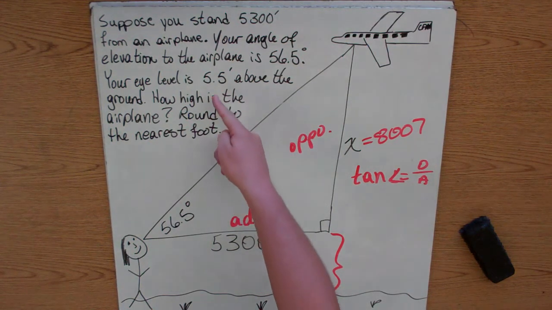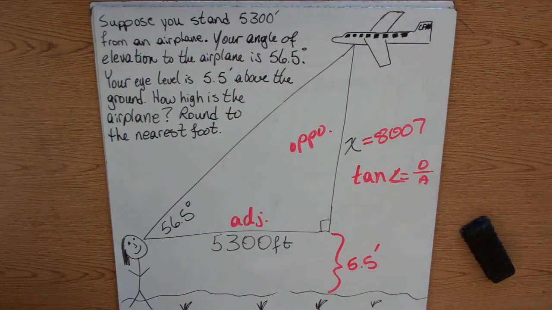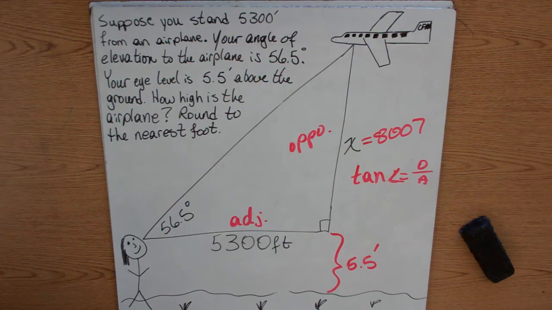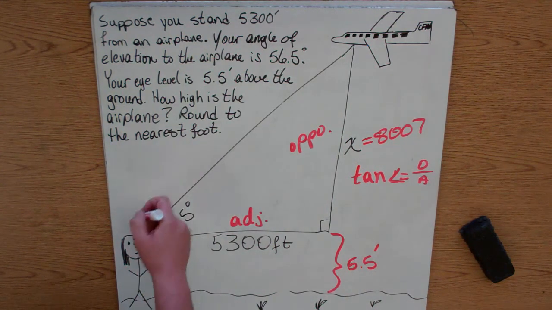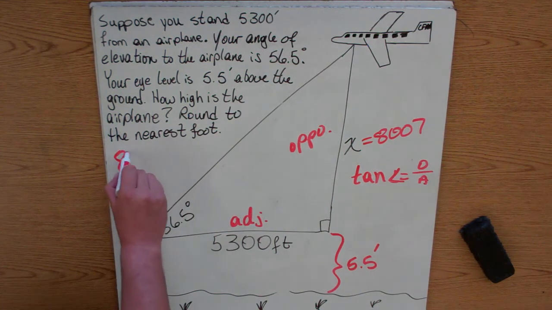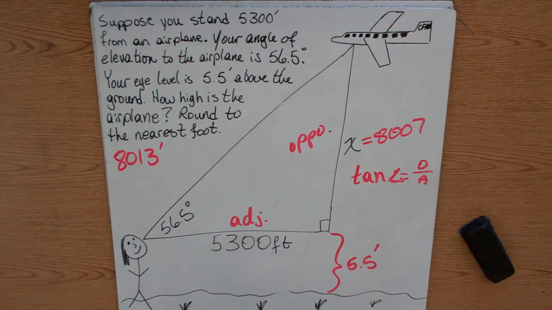Well, in the problem it says your eye level is 5.5 feet off the ground. So this is 5.5 feet. To find the height of the airplane, you have to take the 8,007 and add the 5.5 feet. So the airplane, rounded to the nearest foot, is actually 8,013 feet above the ground.